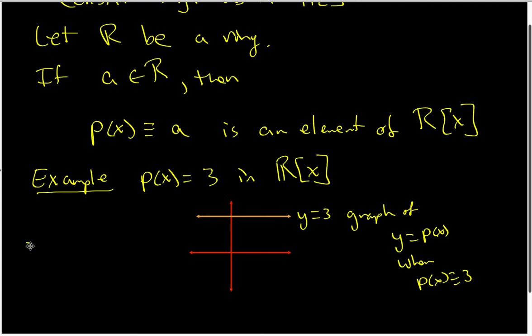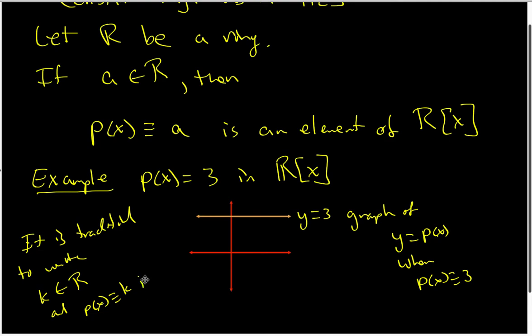Now, it is traditional to write k inside of R and p(x) equal to k inside of R[x], but it's also traditional to shorten this as just k inside R[x].